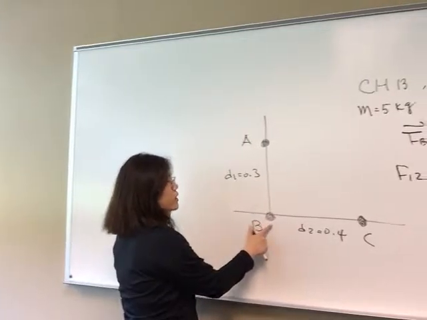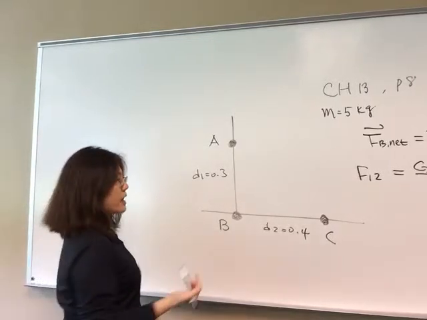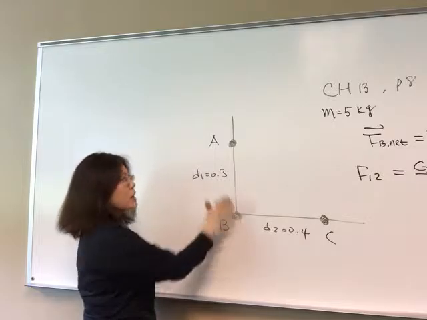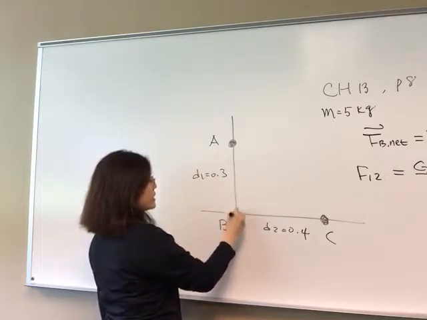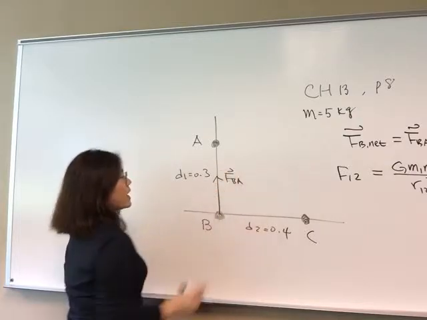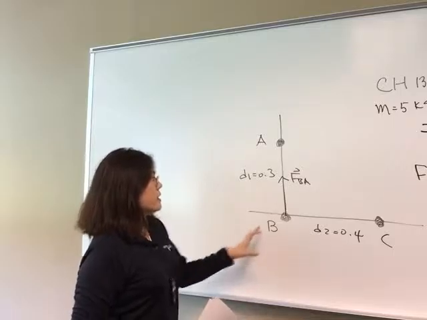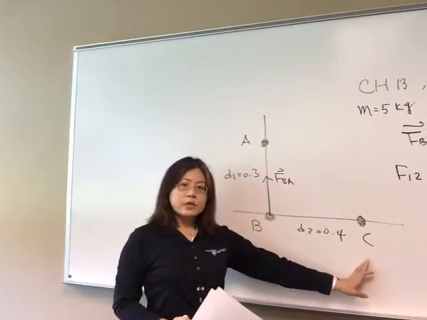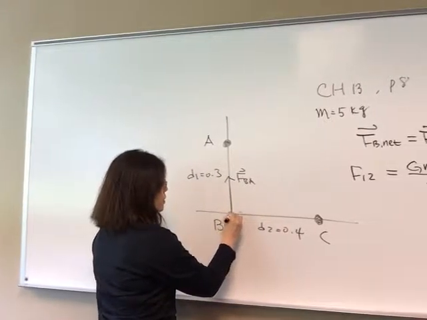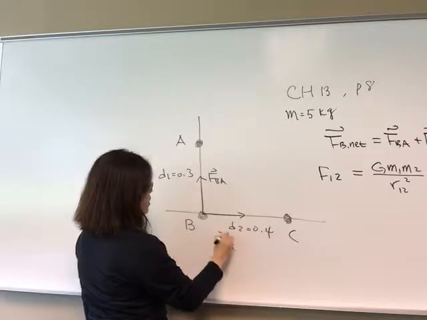So when particle B sees particle A, because it is attractive, it has a tendency to move toward particle A. So the force acting on particle B due to the presence of particle A is in this direction. So this is your FBA. You can see that it is positive because it's pointing upward. Now when particle B sees particle C, it is attractive, so it is going to be pointing toward particle C. So you have FBA and FBC with their directions.